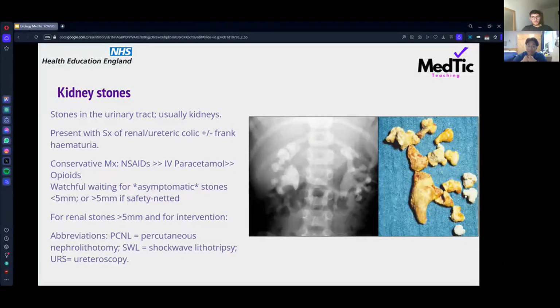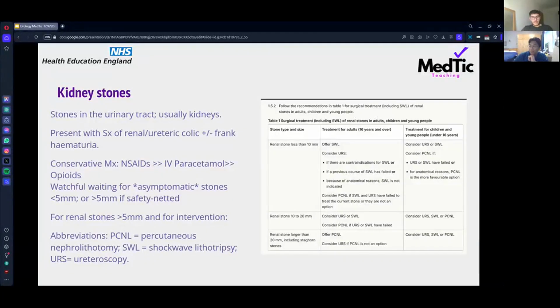The NICE guidelines specifically say that depending on the size is what affects the management. If you're going down the conservative management route, it's NSAIDs, escalating to IV paracetamol and opioids if NSAIDs are initially unsuccessful in controlling the pain.